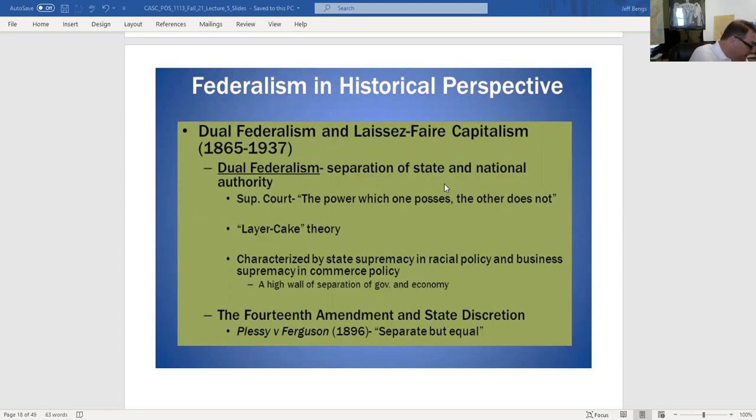If you look kind of past the middle of that paragraph, it says, thus federalism, as interpreted by the Supreme Court for 70 years after the Civil War, enabled business to have its cake and to eat it too. You might put in your book, out in the margin, this is point number 2, dual federalism and laissez-faire capitalism for this 70-year period.